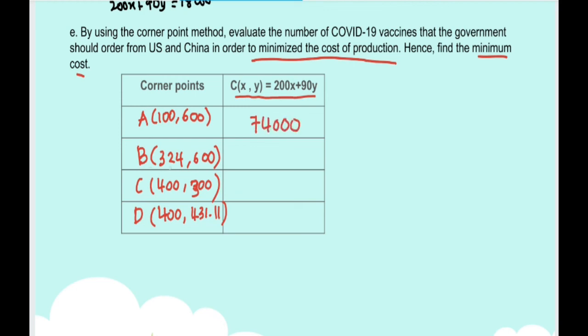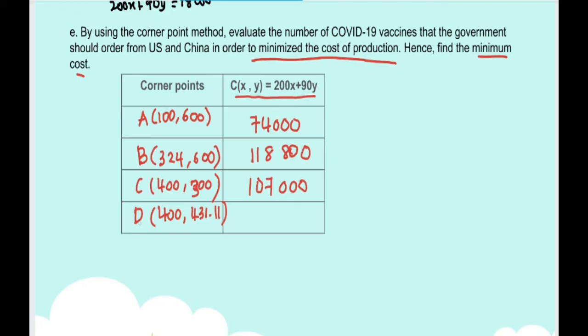For point B, when you substitute, you will get 118,800. Then point C, 400 and 300, when you substitute into the objective function, you will get 107,000.